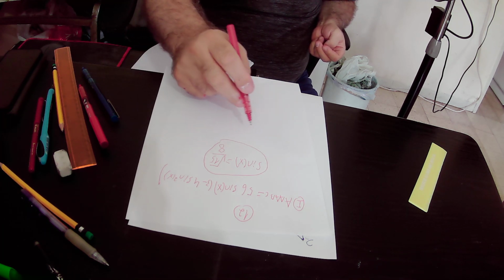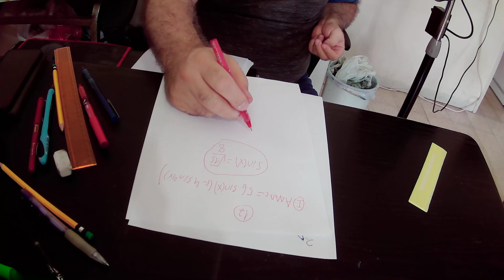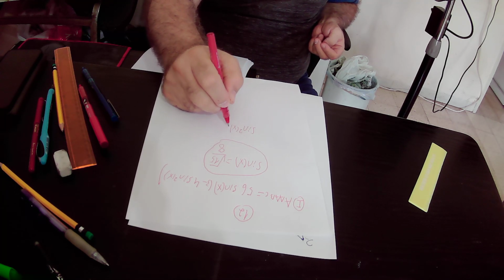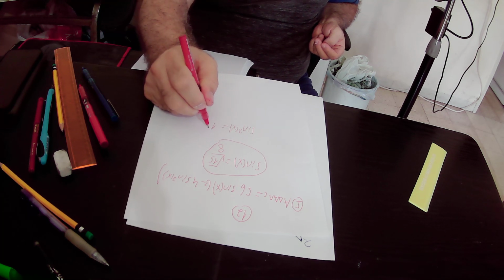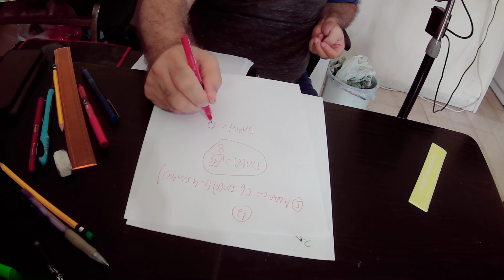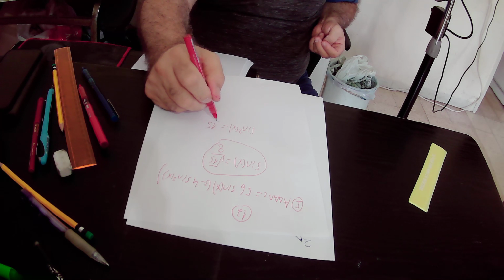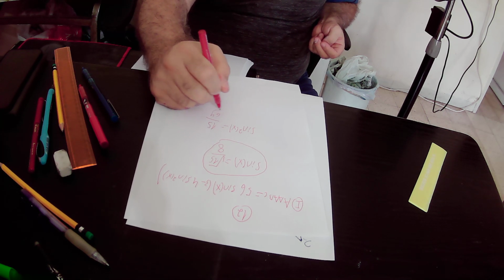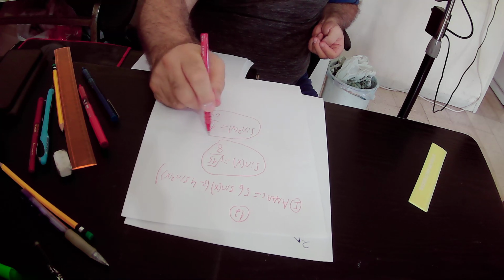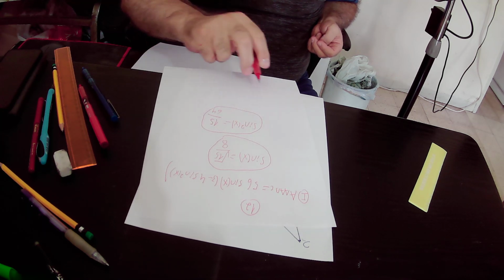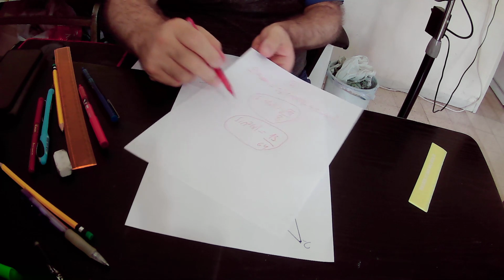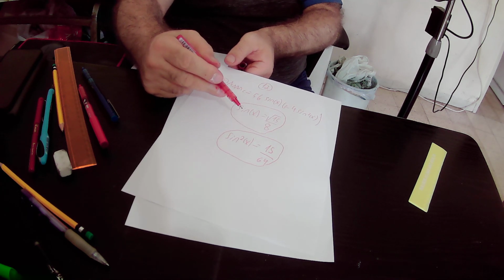If we square this equality, we will get that sine square x equals root 15 times root 15 is 15, over 8 square is 64. So sine square x equals 15 over 64.